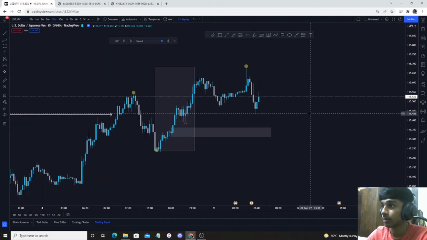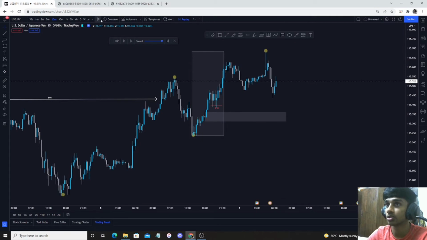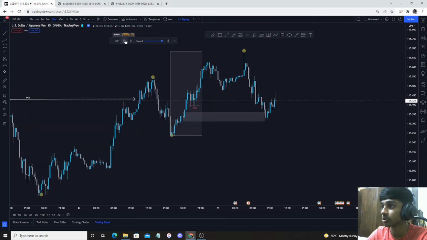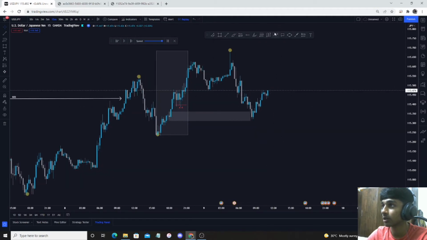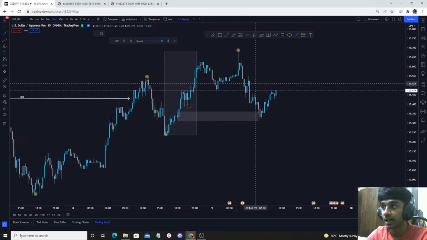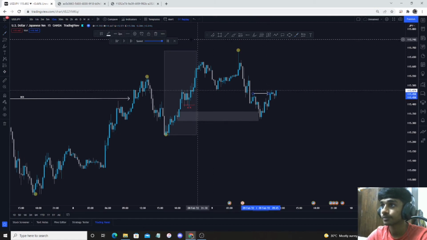So there is liquidity below this, and I just usually wait for a substructure break which happened here on the 15 minutes. You can see that there was a pullback and there was this break above this. So I consider this as a substructure break.